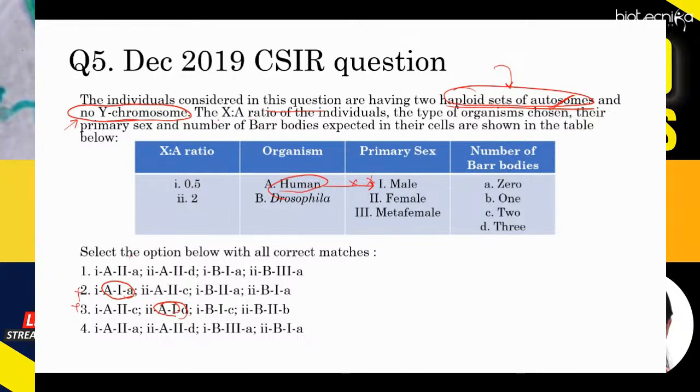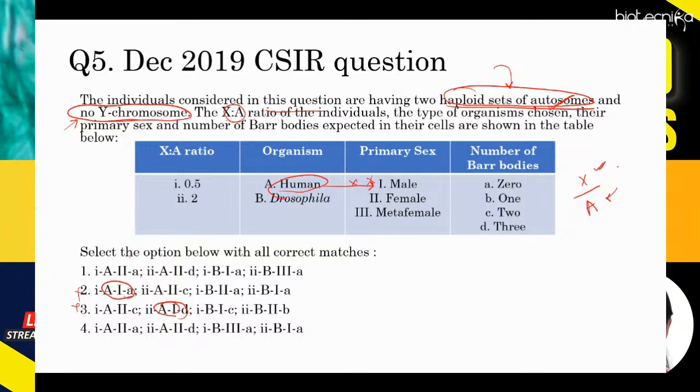So the X to A ratio, you might be knowing that in Drosophila, the sex development is by the sex chromosomes divided by autosome ratio, because in them generally the number is not fixed. You might have different X and A ratios.